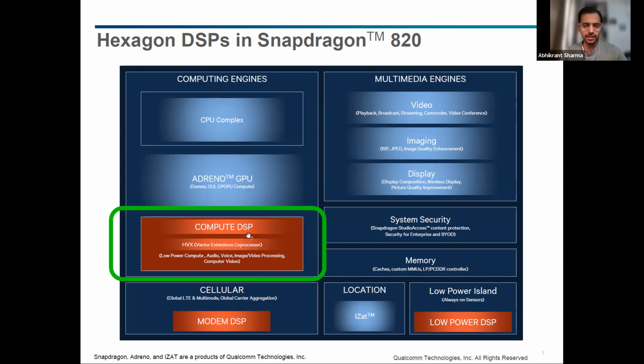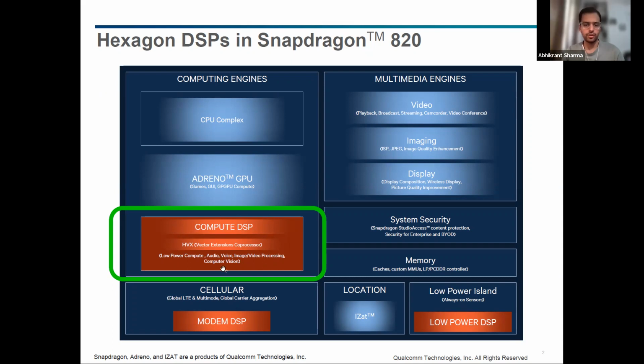One of the DSPs is called the Compute DSP, or the CDSP. The CDSP is used for doing all low power compute applications, which include running your audio files, doing voice processing when the voice call is active. It also does image and video processing really well.